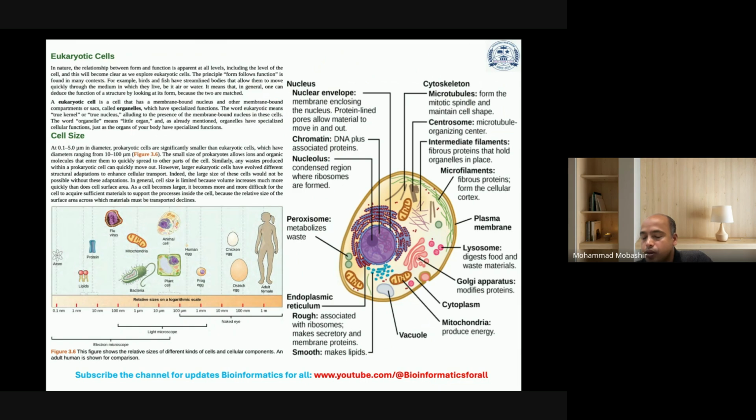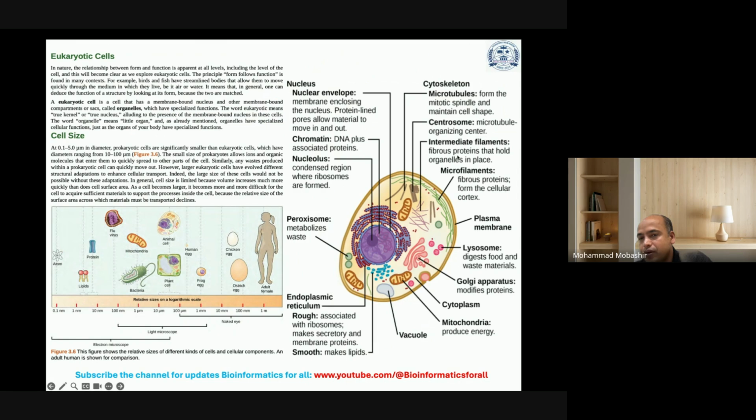Smooth endoplasmic reticulum makes lipids. Now, cytoplasmic microtubules form the mitotic spindle and maintain cell shape, which you can see in all these things. Then the centrosome, a microtubule organizing center, and that is here.